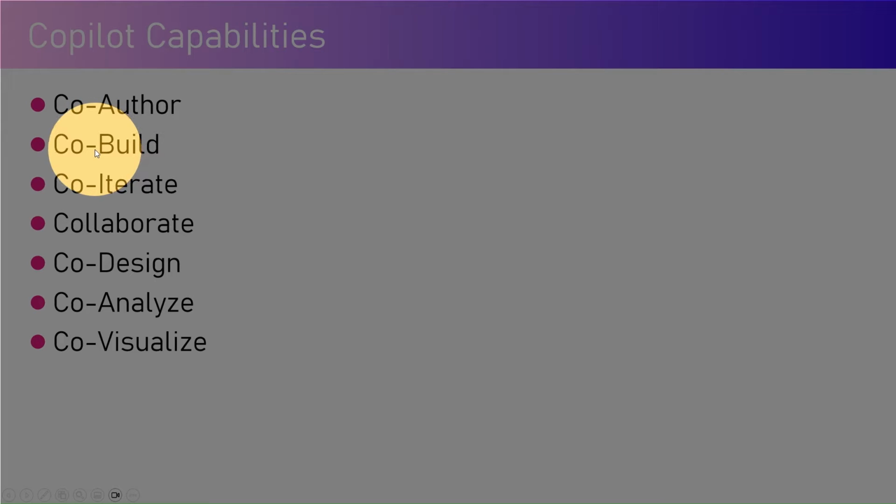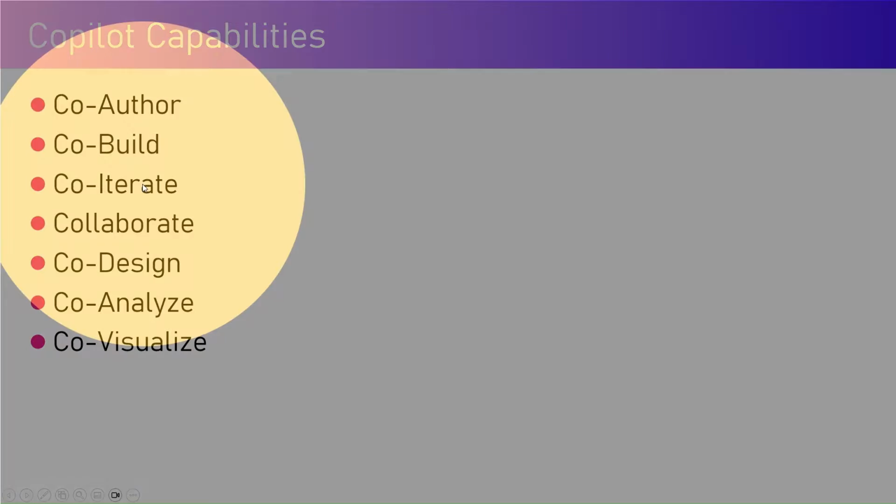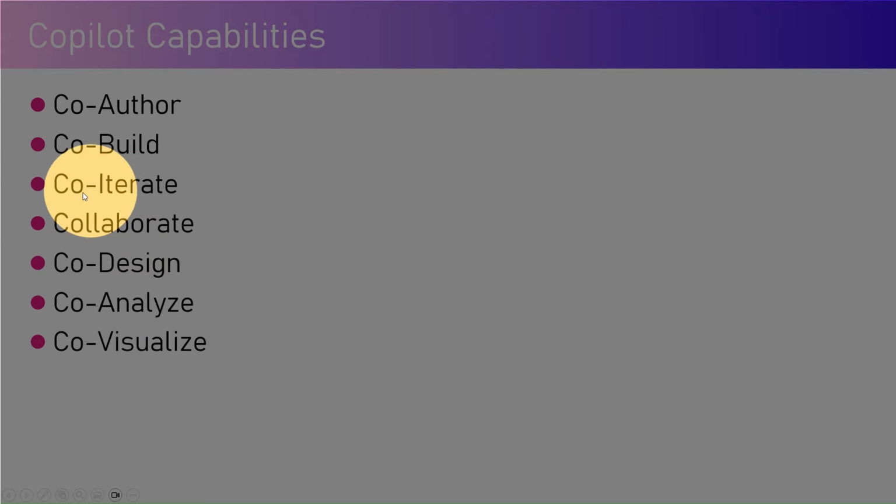It suggests source code. So if you want to search for code, like JavaScript code to do validation of an email, then Copilot gives you that platform to build those code bases. Co-iterate and collaborate allow you to have a nice collaboration between your internal team members or maybe with an external user, just by leveraging the entire large language model.